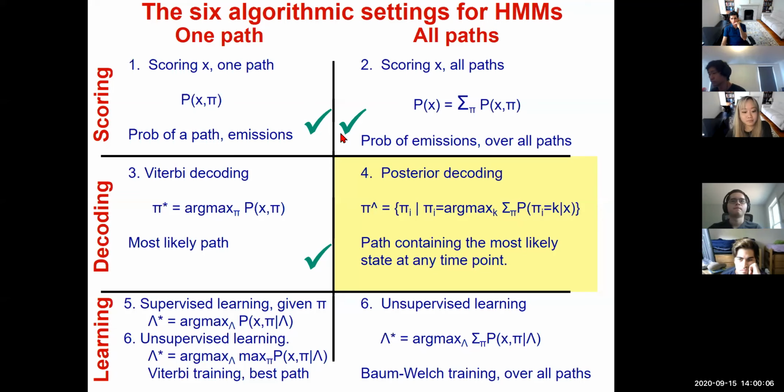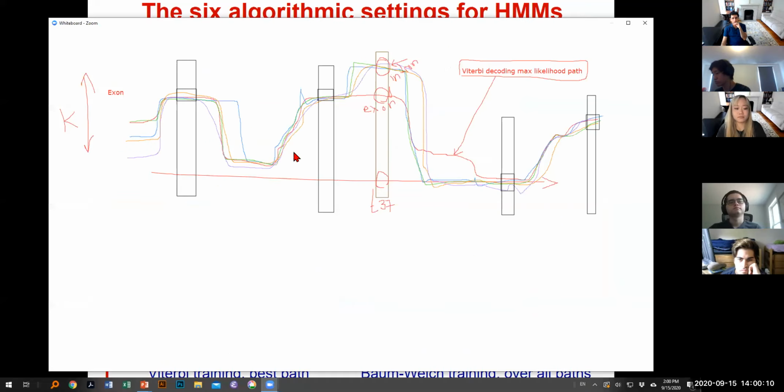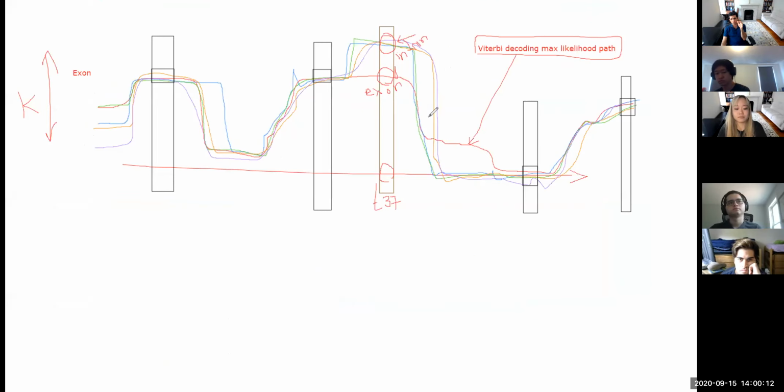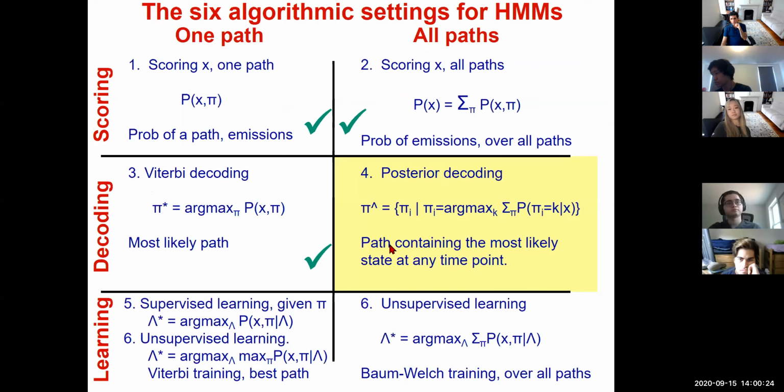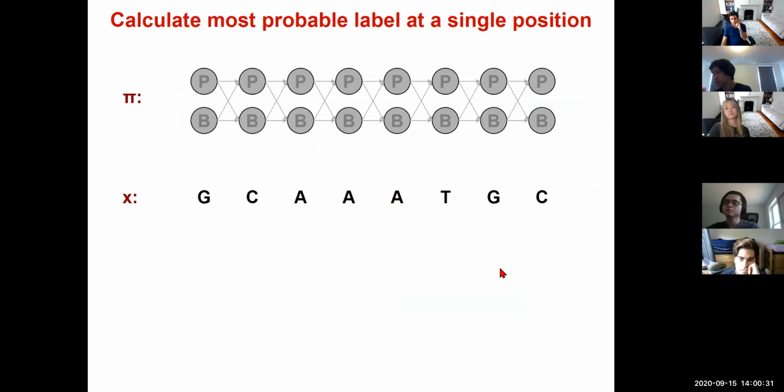Okay, so it basically says of all of the possible paths that are traversing my sequence, how many are going through state k at that particular position. So this is the path that contains the most likely state at every time point.